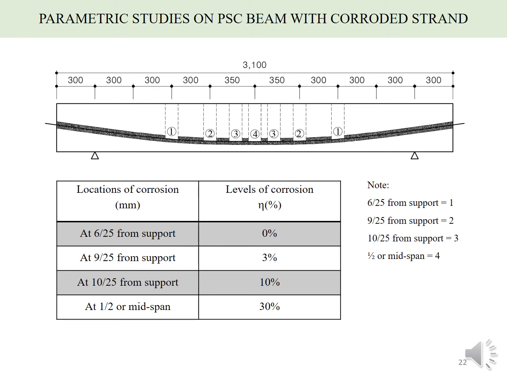To conduct the parametric study, a verified analytical model is used, and the location of corrosion is chosen as shown in these pictures, and corrosion levels of 0%, 3%, 10%, and 30% are selected for the case study.